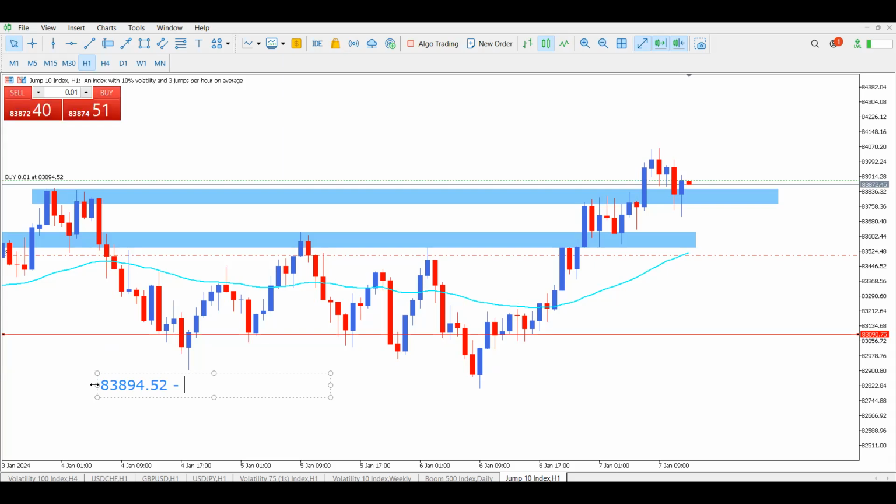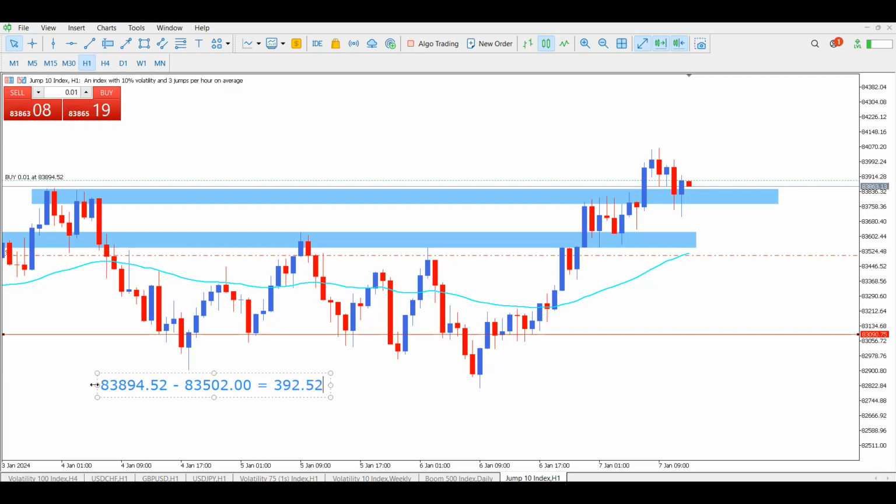And then my stop loss for this is, so you simply get your calculator and do this math. 83894.52 minus 83502, and that would give 392.52.